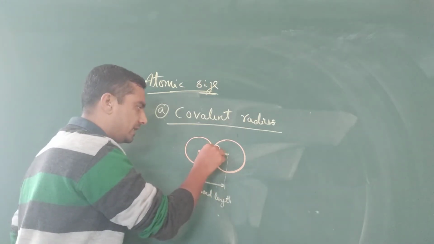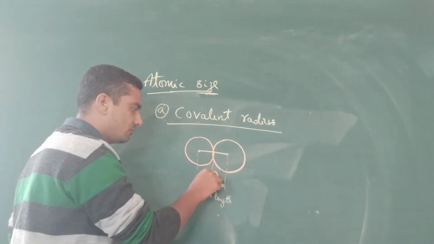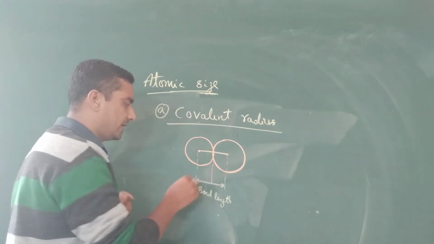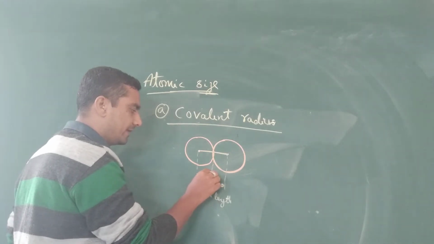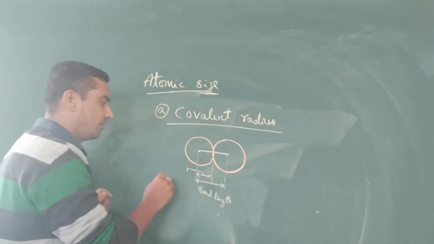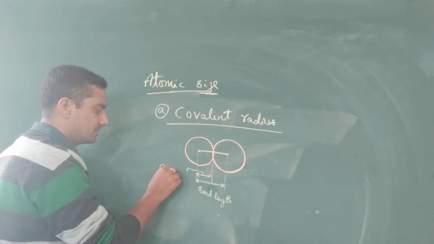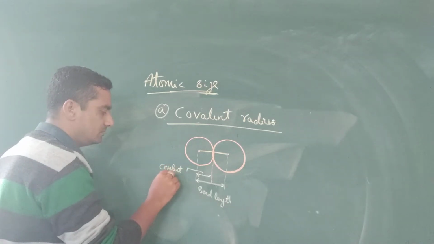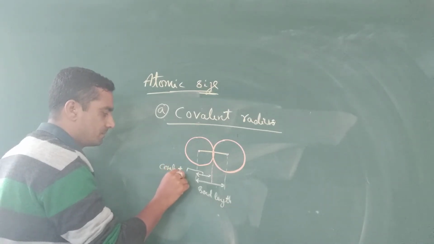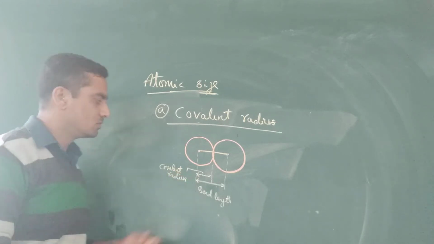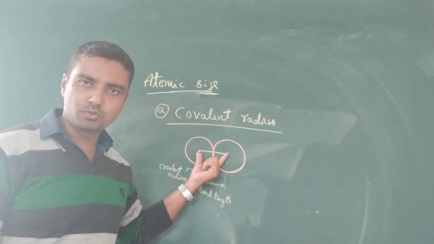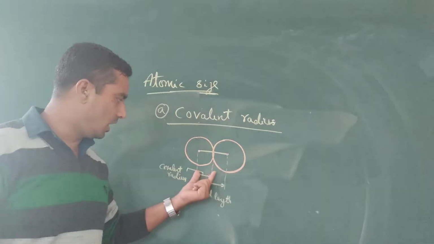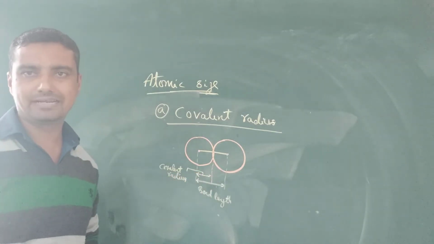Half of the bond length is the covalent radius. The distance between the two nuclei is the bond length, and half of the bond length is the covalent radius.